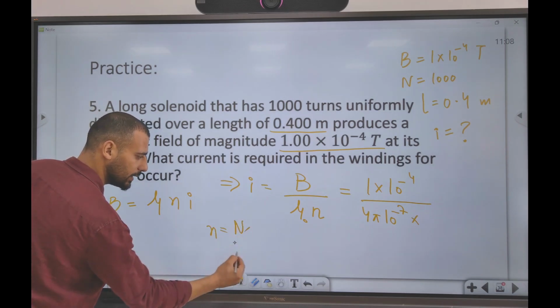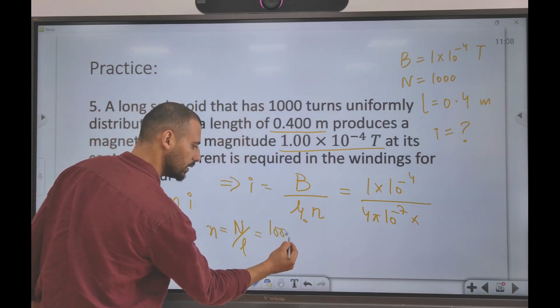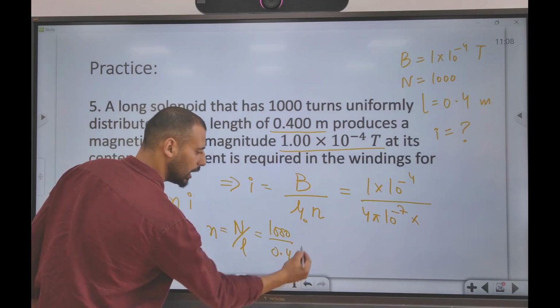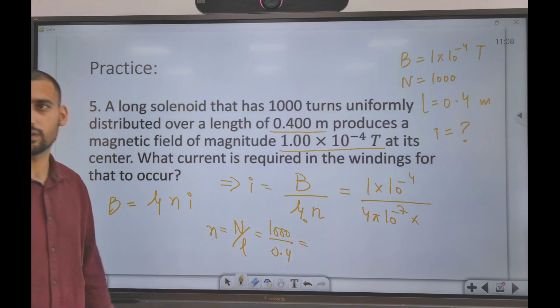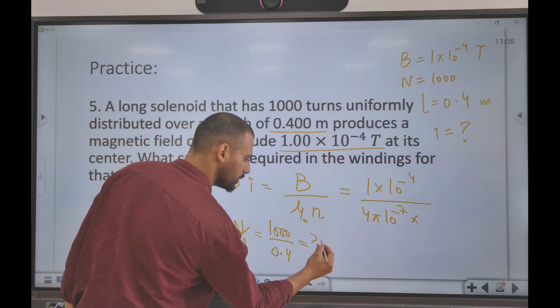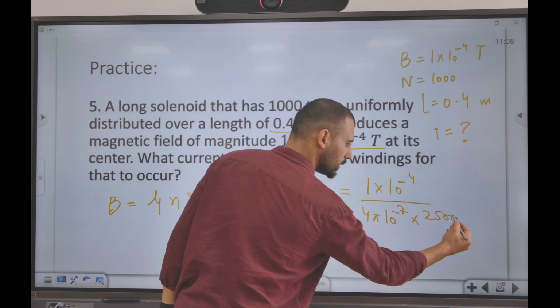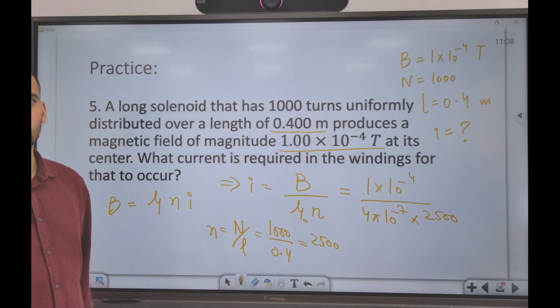It is capital N upon L, and capital N is 1000, so it is 1000 upon 0.4. How much is this, first of all? 2500. So just put in the value 2500 here. Khalas. We found the current.